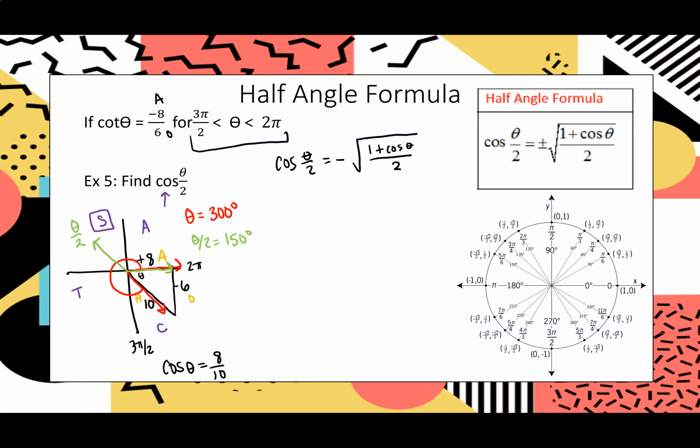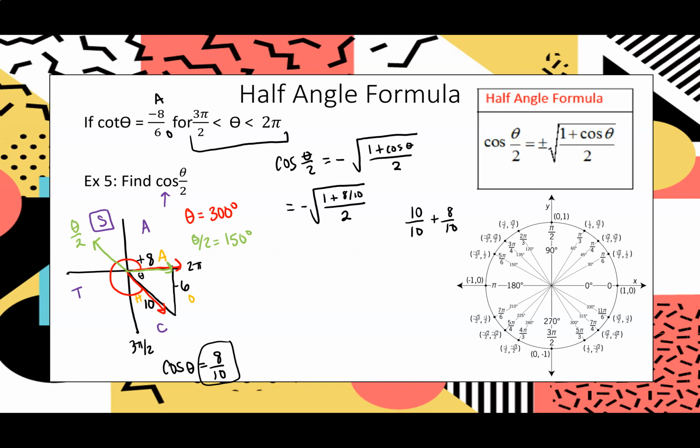All right, let's go ahead and start reducing that. That's going to give us equals negative square root of 1 plus, what's our cosine theta? It's 8 over 10, divided by 2. All right, let's combine these. So 1 is equal to 10 over 10 and 8 over 10.